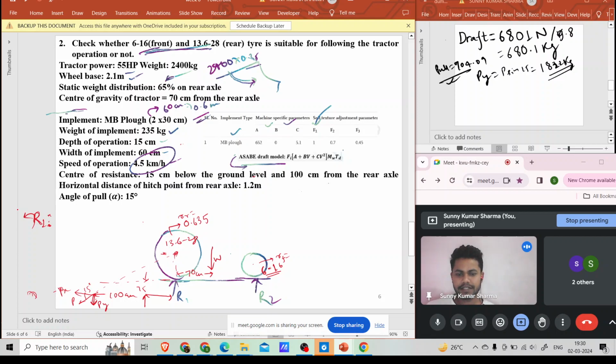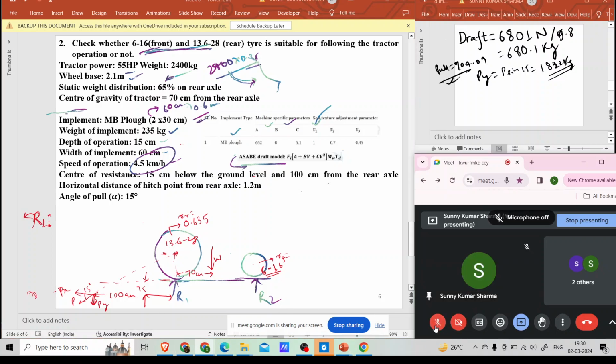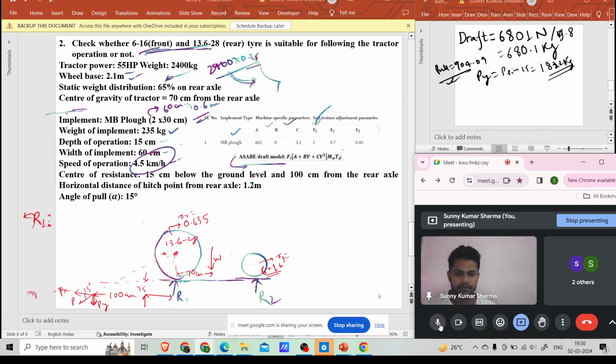You are calculating radius, right? Yes, sir. 65.93 centimeters, sir. 0.65 meters, sir. 0.35. Okay, that is correct.